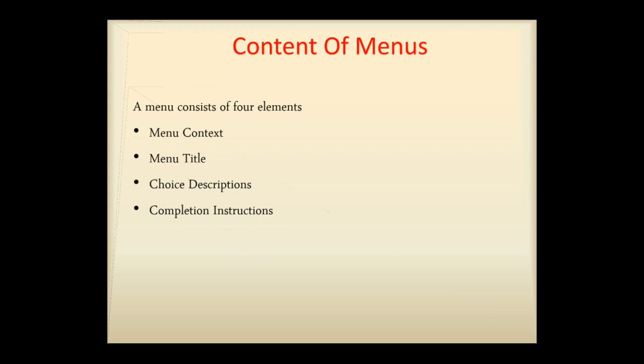A menu's context basically provides information to keep the user oriented. This kind of information is critical in complex and hierarchical menu systems where loss of position or disorientation can easily occur.